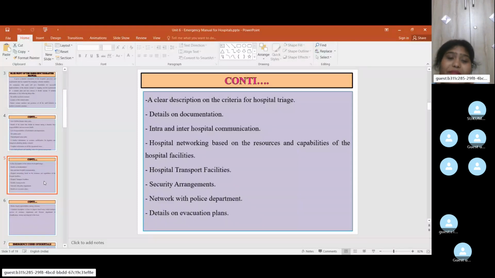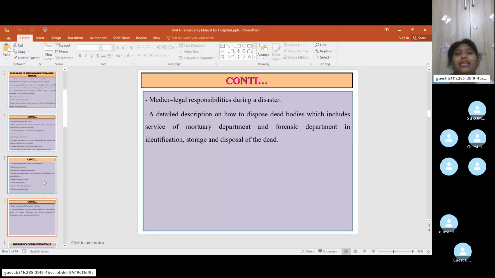And then details on evacuation plan. So details on evacuation plan is from the area where the disaster has happened, evacuating people safely and getting them to the medical facilities, so that they have a secured and safe environment to survive. And then medico-legal responsibilities during a disaster.